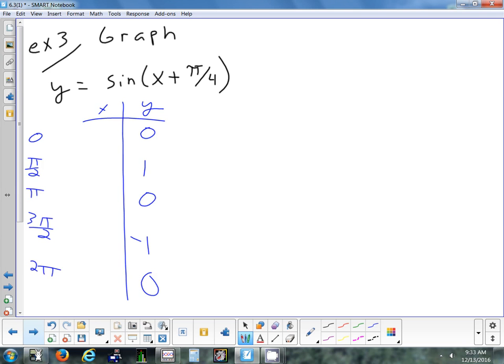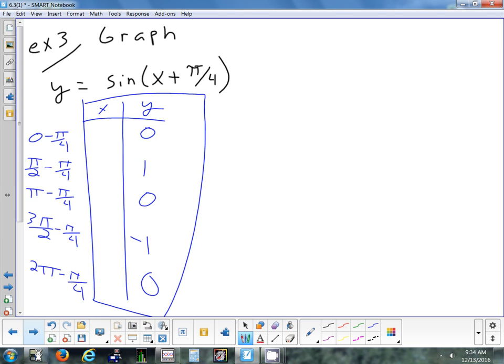And what do I do to all these x's? Subtract pi over 4. This is just kind of my work off to the side. I'm not really going to be grading that. If you have a question like this on the midterm, I'm going to focus on what's in this table.